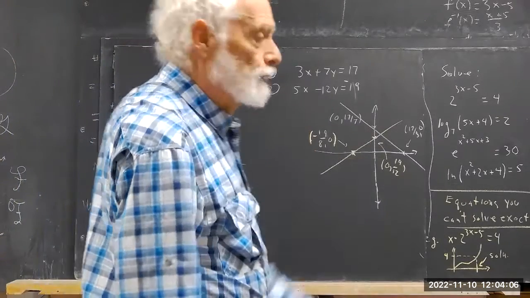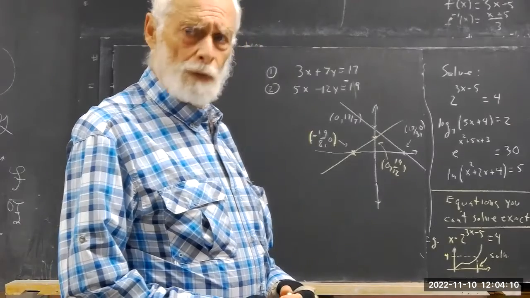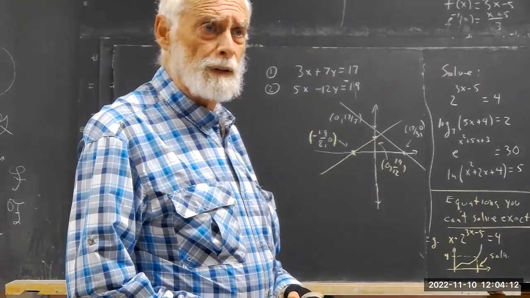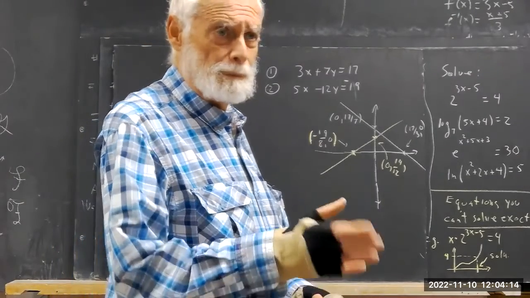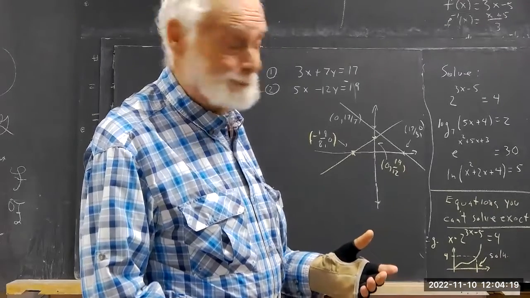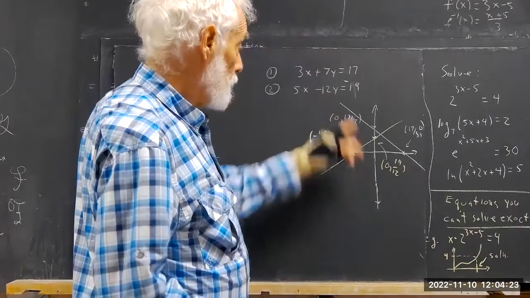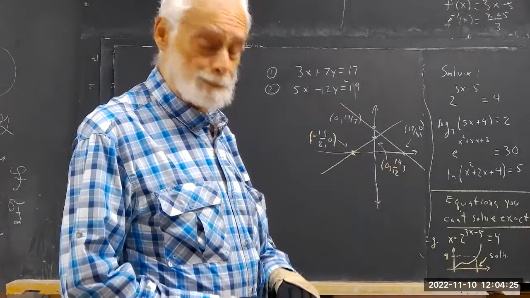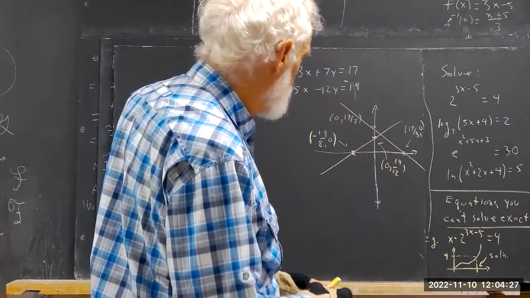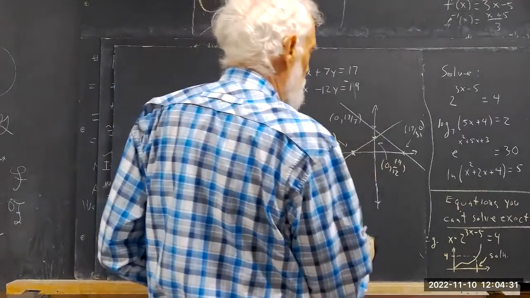Now I can convert those to decimals. I could put it on a scale. Okay, well, you know how to graph straight lines, presumably. We have done that. So just graphing this straight line and this straight line using the intercepts, I see that the straight lines cross at a point here in the first quadrant.